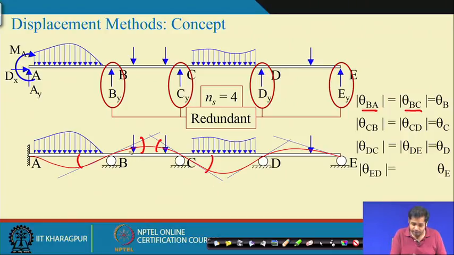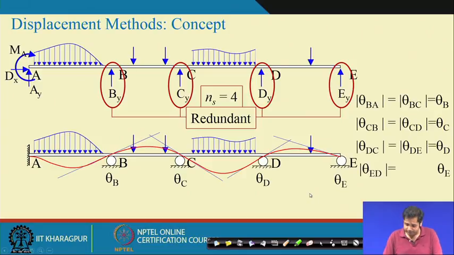As far as the compatibility conditions at every joint are concerned, because of the continuity, these two have to be the same. So we can write that theta B, theta C, theta D, theta E are the slopes at various joints. There is no theta A, there is no rotation at A because joint A is fixed, so the rotation is 0.